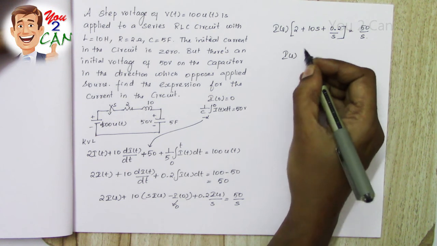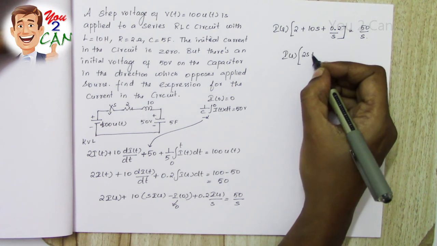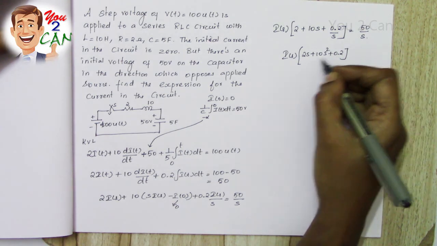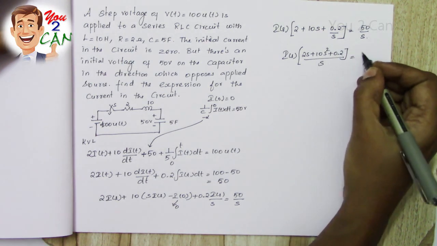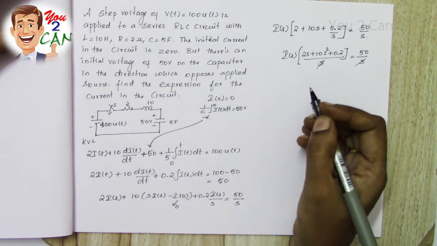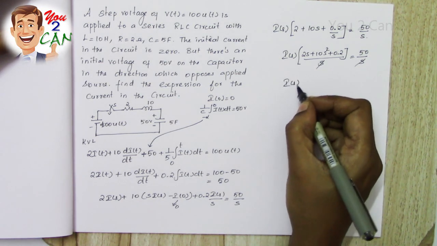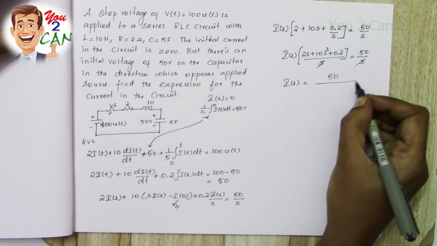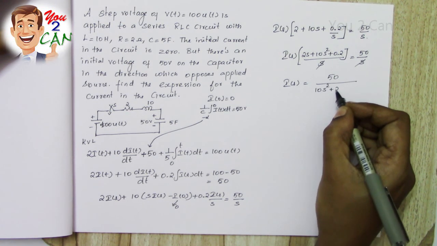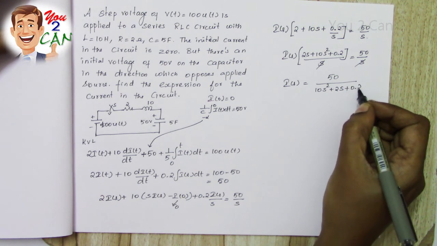Now take LCM. (2s plus 10s squared plus 0.2) by s will be equal to 50 by s. S gets cancelled. So I(s) is equal to 50 divided by, I am writing it in order, s squared plus 2s plus 0.2.